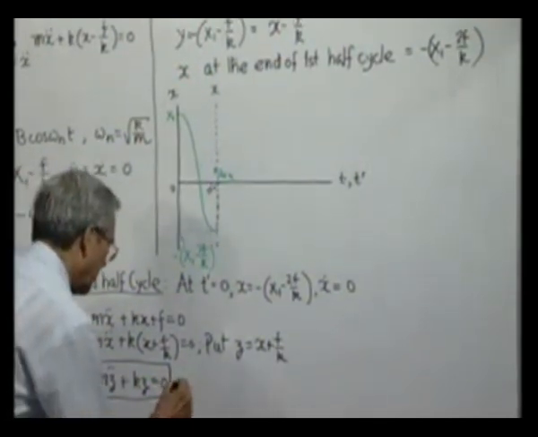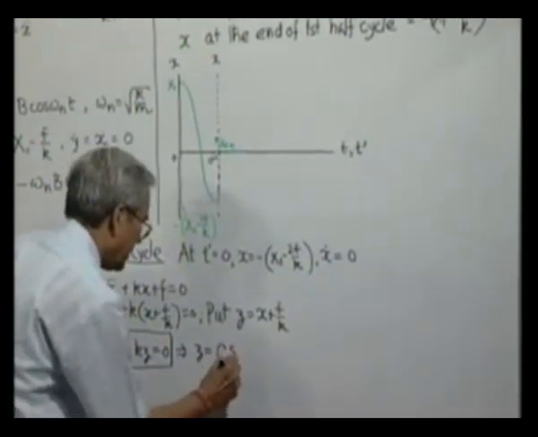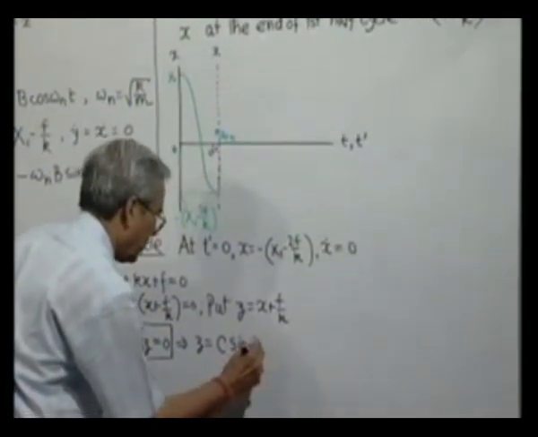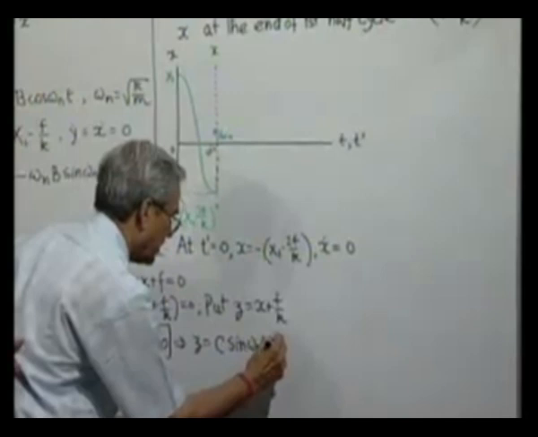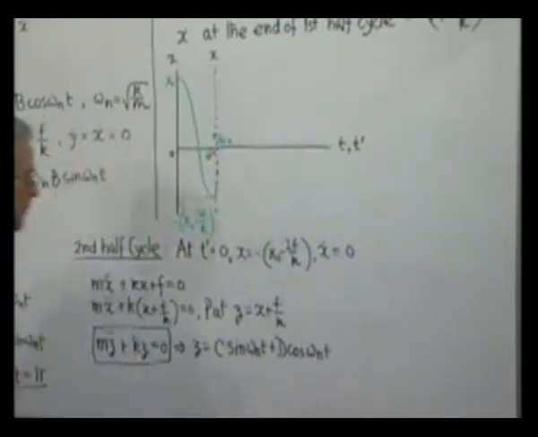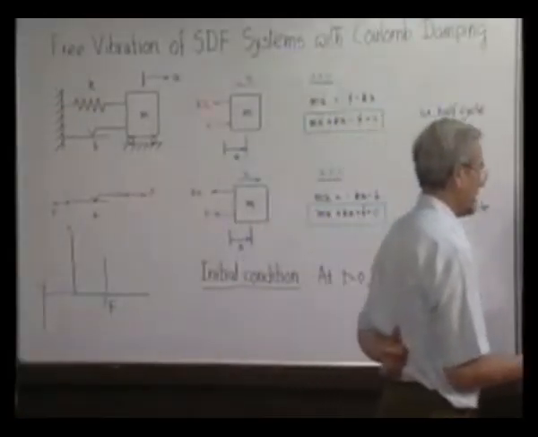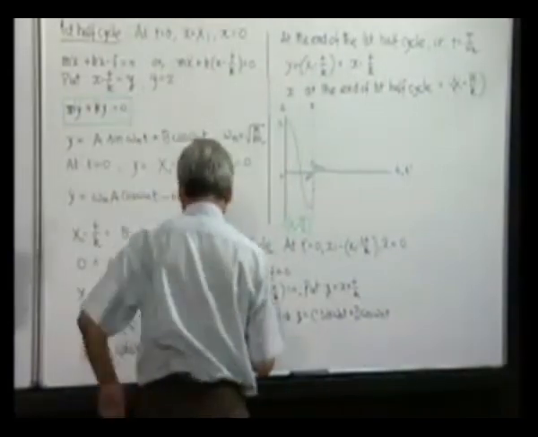Now, solution of this will be again z equal to c sine omega n t plus d cosine omega n t. C and D will be found out from the initial conditions. What will be the initial conditions?